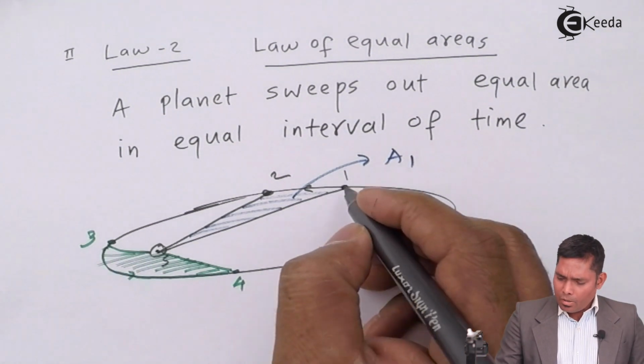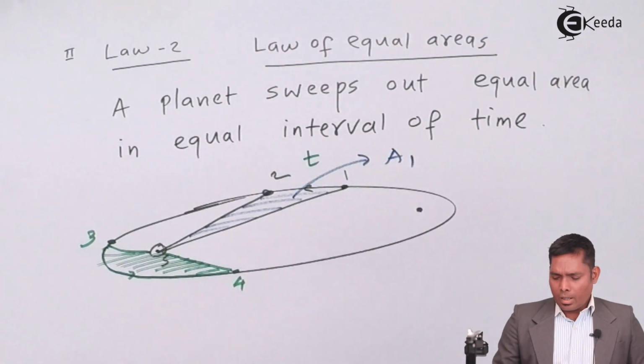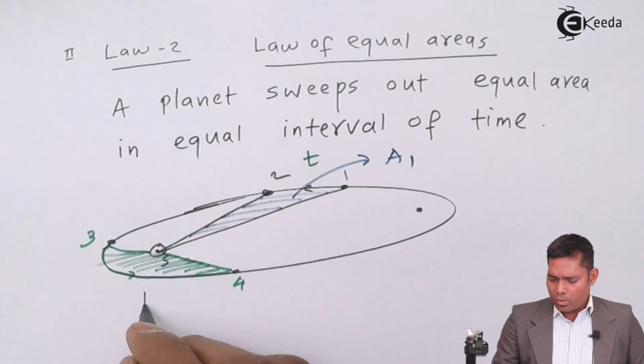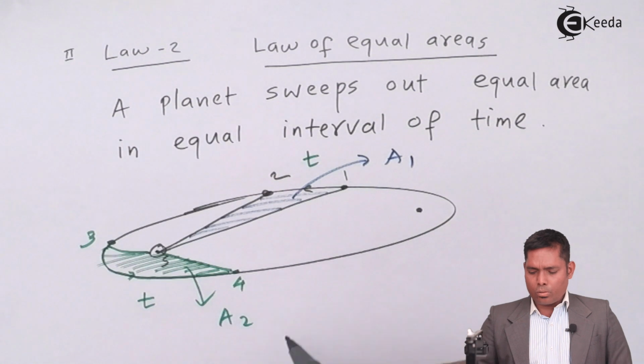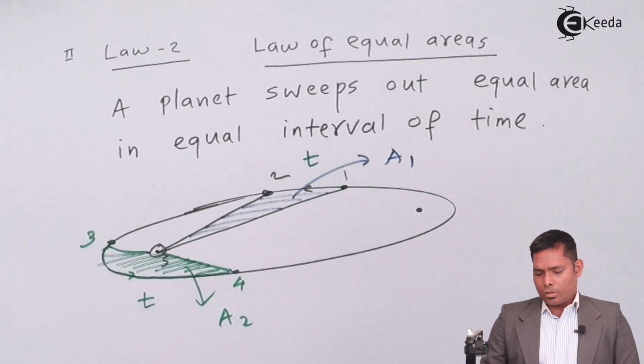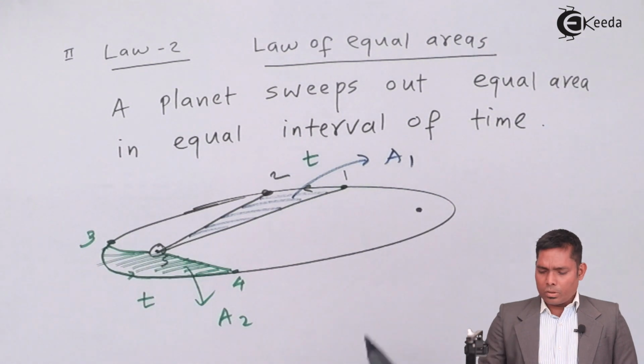This is the area covered now. If the time taken from 1 to 2 is t, and the time taken from 3 to 4 is also t, then this area swept, A2, should also be the same. This is the law.